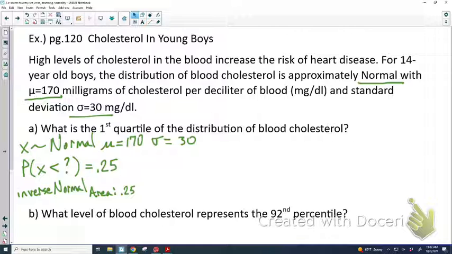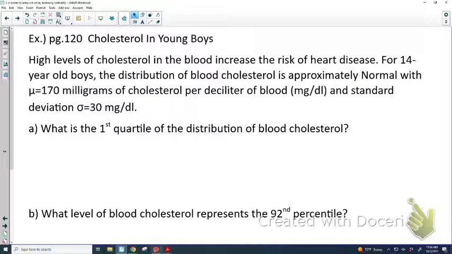I'm going to leave mu at 0 and sigma at 1 because it's a free response and I've got to show my work. So when I do that, I get a z-score of negative 0.67. And I'll show you firsthand if you don't know how to do that.